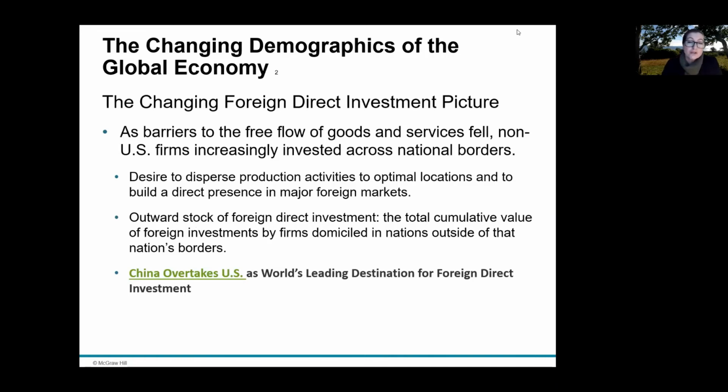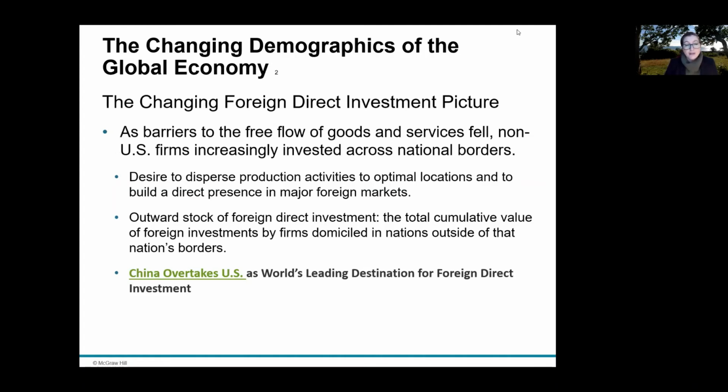Now, there's also a changing story in terms of foreign direct investment. So as trade barriers fall, non-American firms are increasingly investing outside of their home countries, outside of their national borders. So just like American organizations have been looking for more economical, more optimal locations to outsource their manufacturing to, so too have non-US firms been outsourcing to more economical and optimal locations.